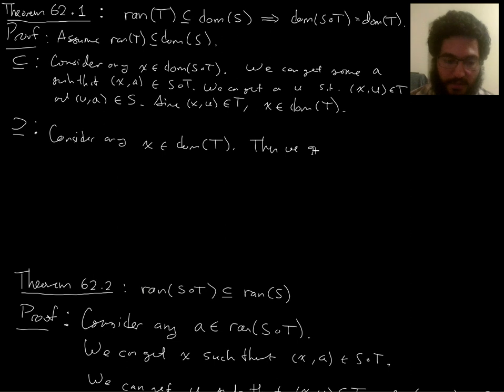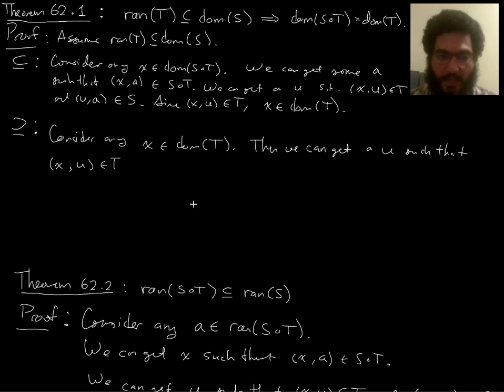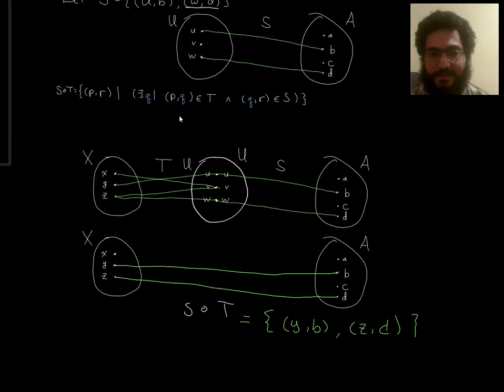Then we can get a u such that x comma u is in T. And it doesn't really matter what letters you pick. It's totally fine to say we can get a y such that x comma y is in T. But I'm trying to pick letters that go with my mental image that I have from the picture here.